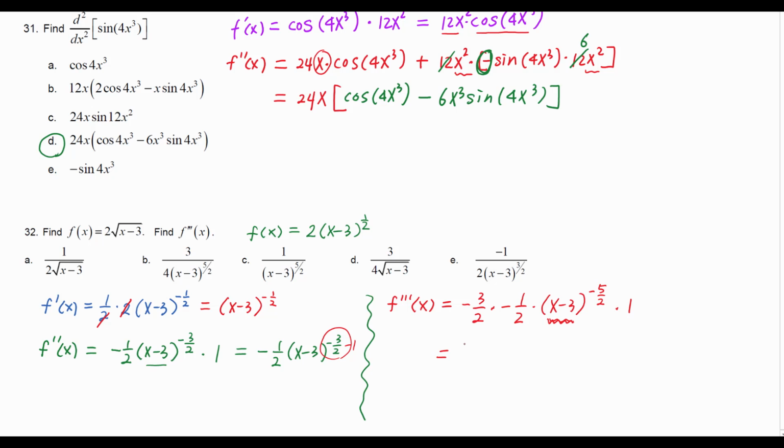So when you simplify this, negative 3 over 2 times negative 1/2 is positive 3 over 4. And because x minus 3 to the negative 5 over 2 power is a negative exponent, when you bring it to the bottom, you get x minus 3 to the positive 5 over 2 power. And if you look, the answer is B.